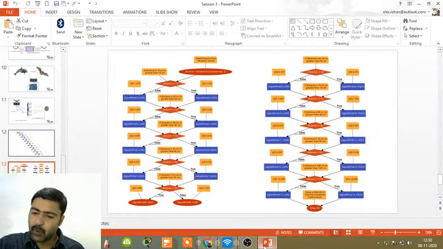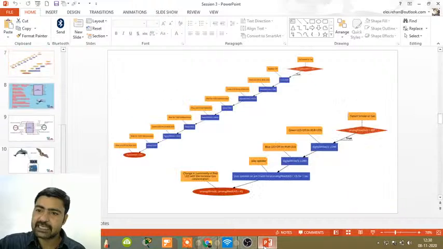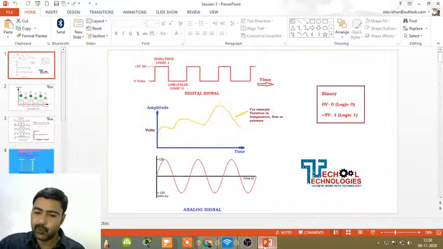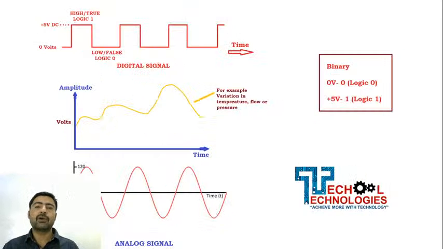Now, in our previous session, I told you about binary numbers. What is a binary number? As we discussed, it is nothing but two logic levels or two voltage levels which are used in computers.